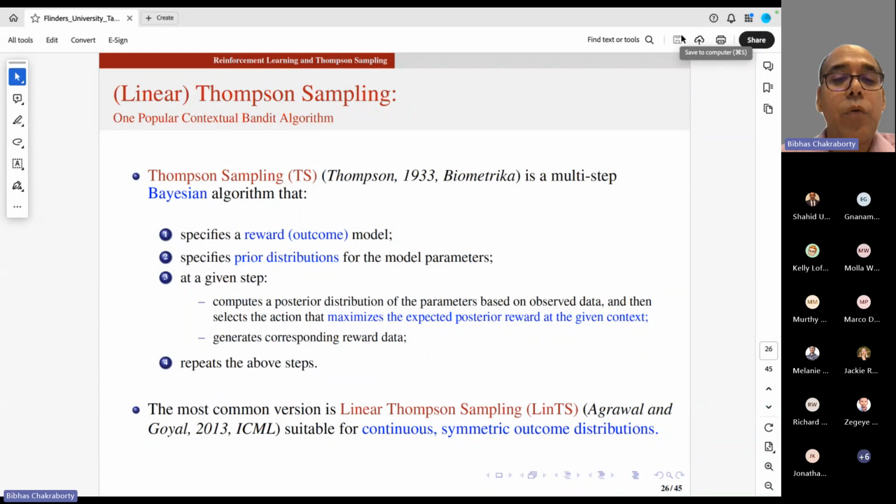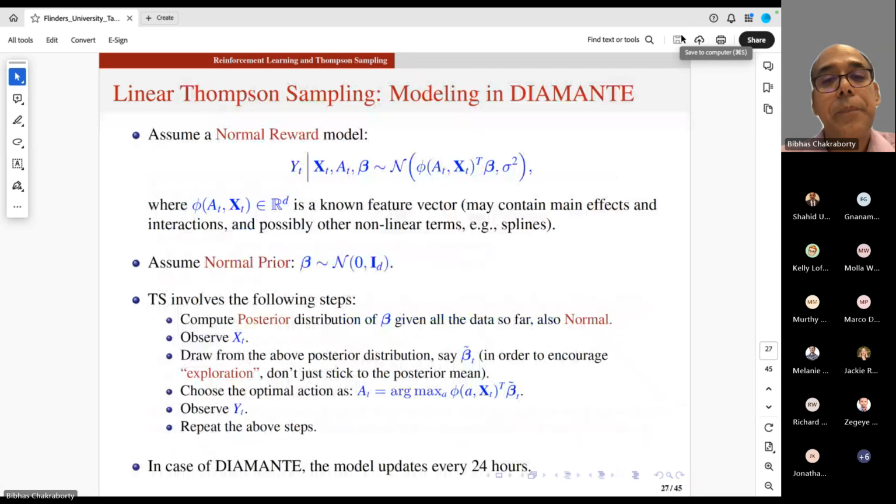One common version is the so-called linear Thompson sampling that got very popular in the computer science world. These are suitable for continuous symmetric outcome distributions. Again, specifically for the statisticians in the audience, here we assume a normal reward model, and this is basically what we used in the Diamante study.